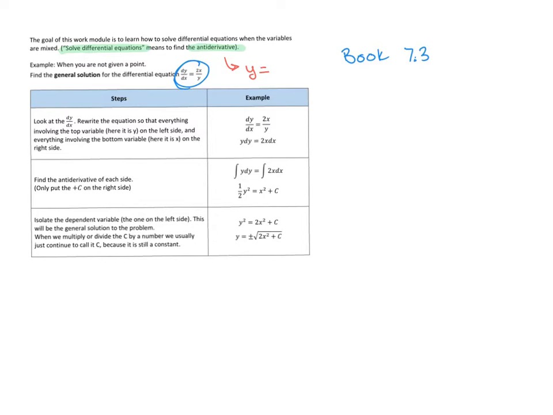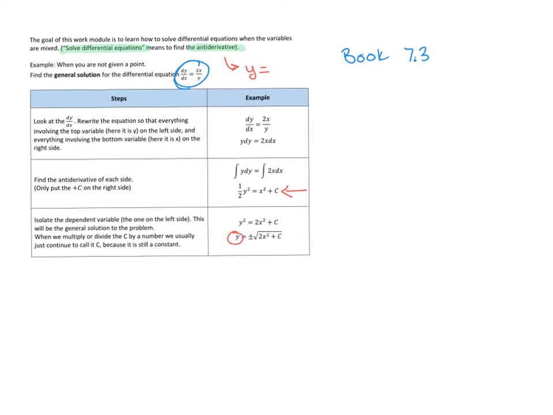That'll make a little bit more sense once we dive into the examples, because usually once we find the antiderivative, so in this example here, this is the step where we find the antiderivative, but that's not the end of the problem. We find the antiderivative, and then ultimately our goal is to get the y by itself.